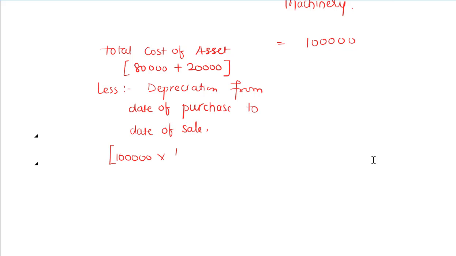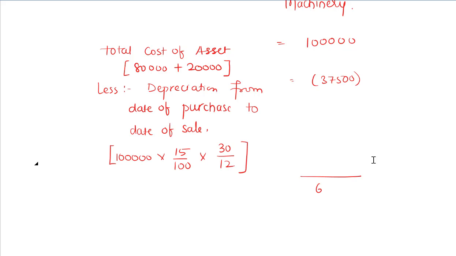So 1 lakh multiplied by 15%, and calculate the months. It is 30 months. 1 lakh multiplied by 15% times 30 by 12 leads to 37,500.